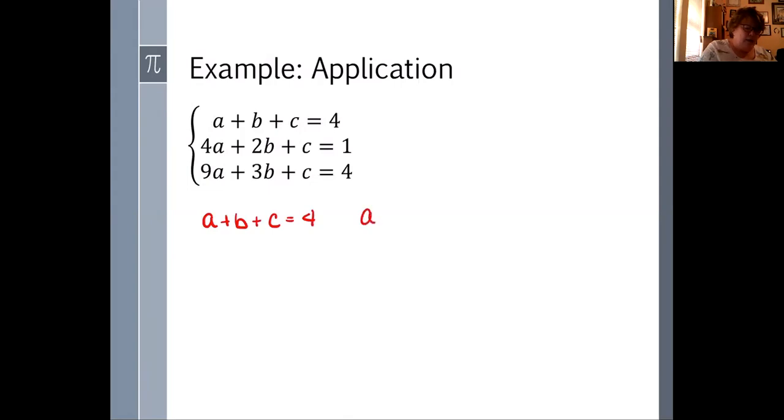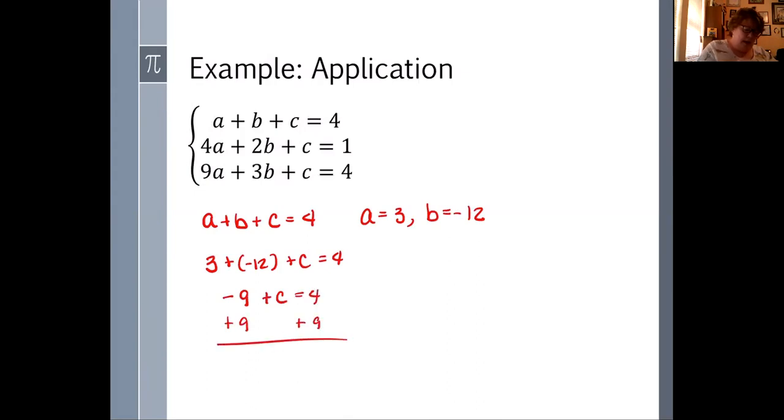We had A is 3 and B is negative 12. So I get 3 minus 12, that's minus 9. Add 9 to both sides, and I get C is 13.